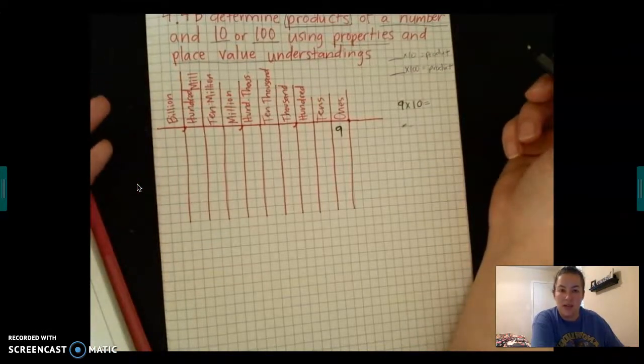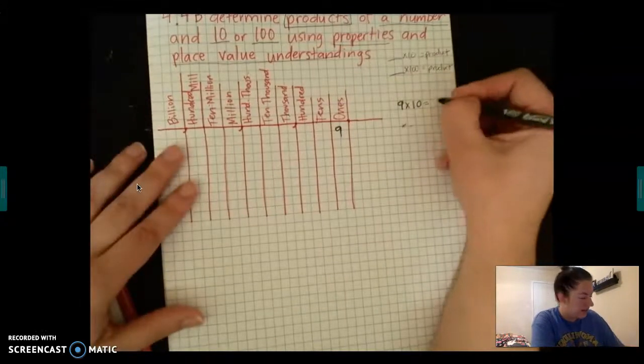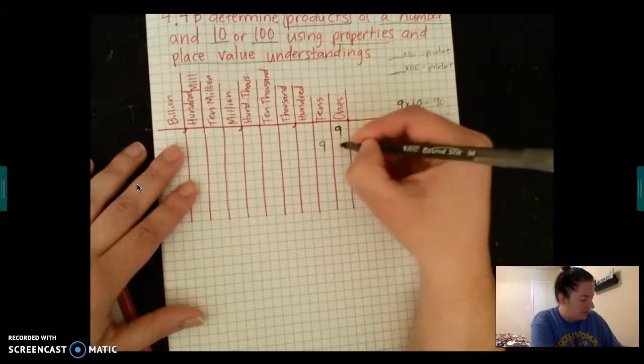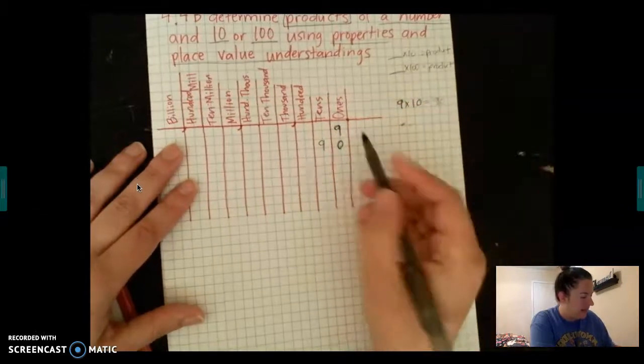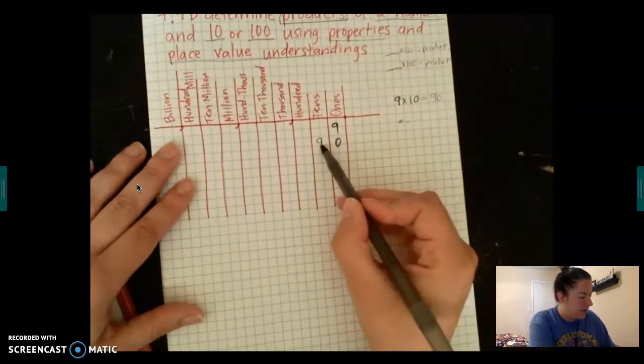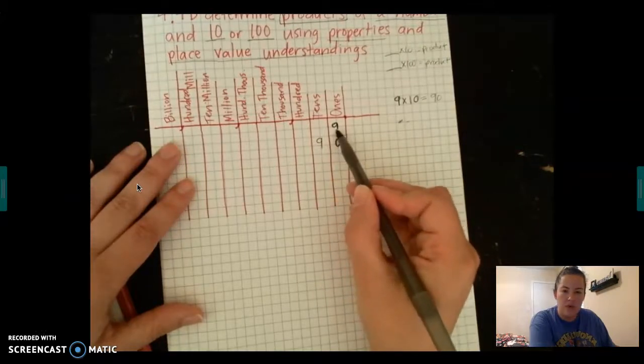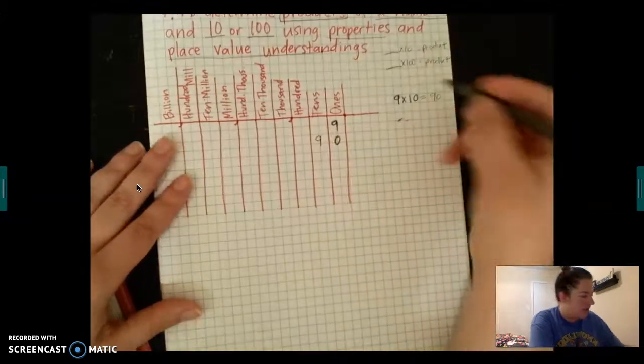What's 9 times 10? 90. So look, 9 times 10, I'm going to put it right under here, is 90. Look at this pattern here. It just moved one place value over, moved the 9 over.